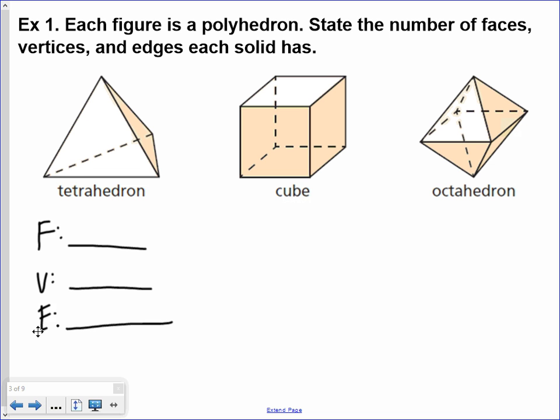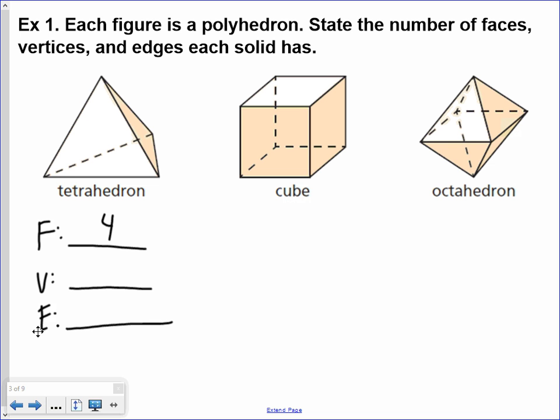This first shape is a triangular pyramid that has 1 face on the bottom, that's a triangle, and then 3 different triangles around the sides, making 4 faces altogether. 1 on the bottom, and we would have 3 around the sides.